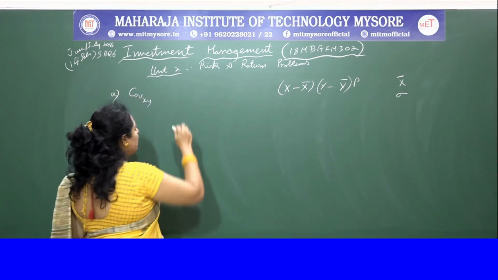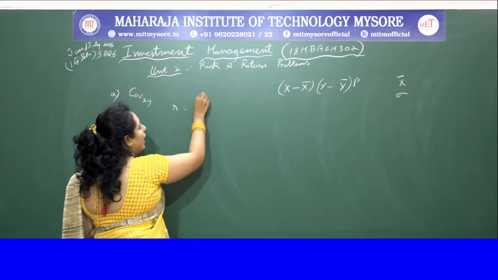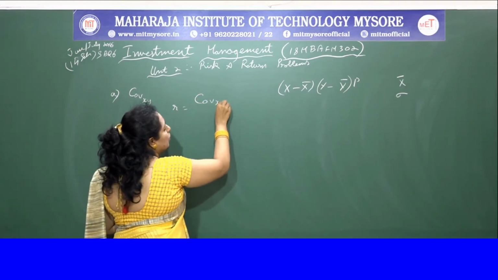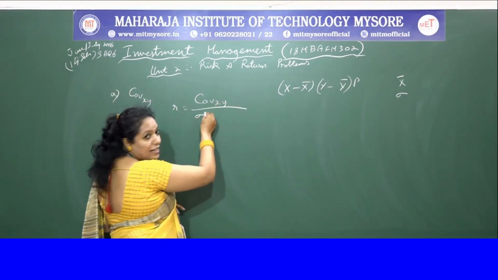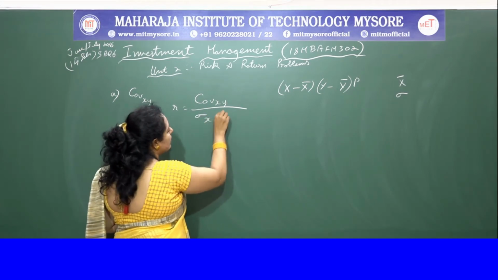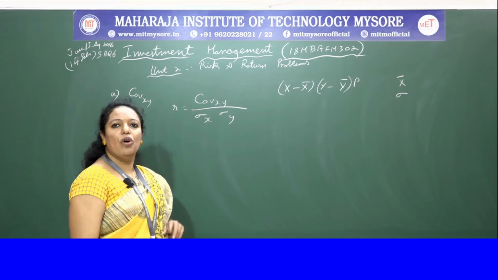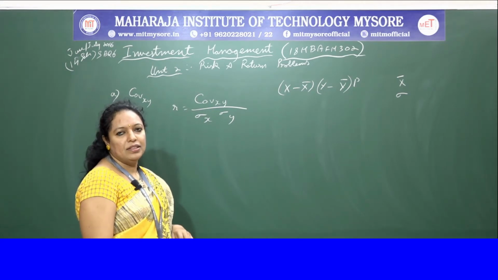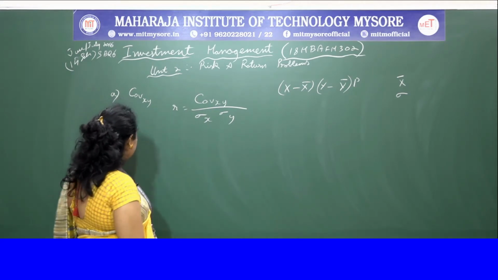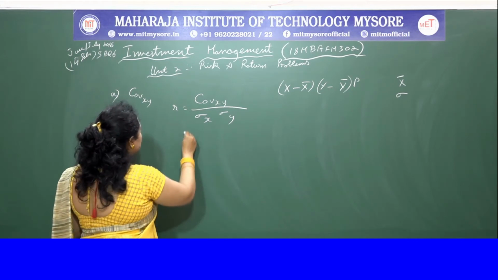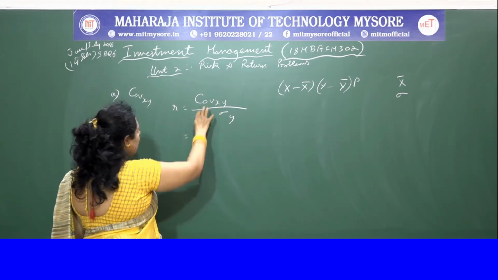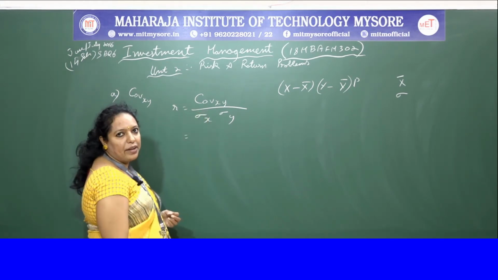For example, we will be using our formula where covariance is available, along with standard deviation of x and standard deviation of y. In this case, we have all the information except covariance xy.